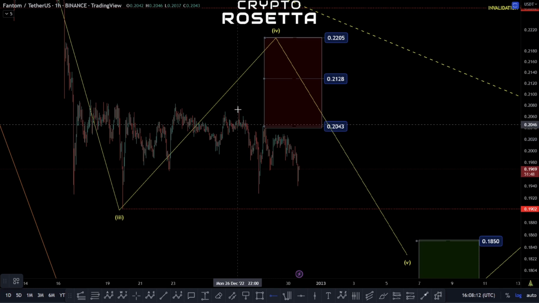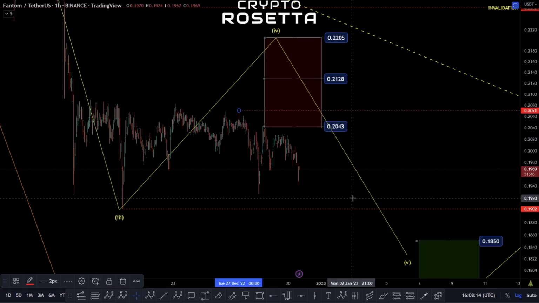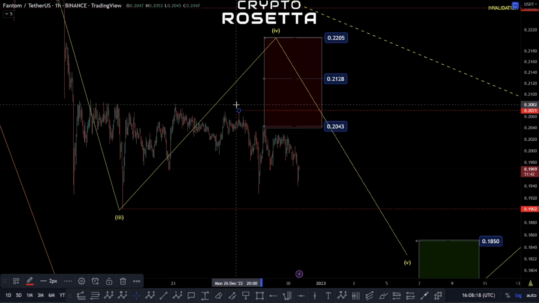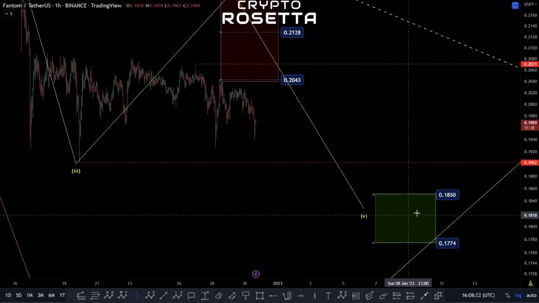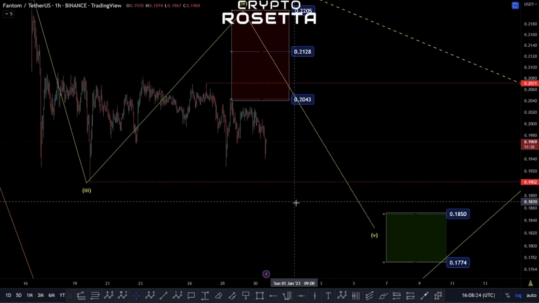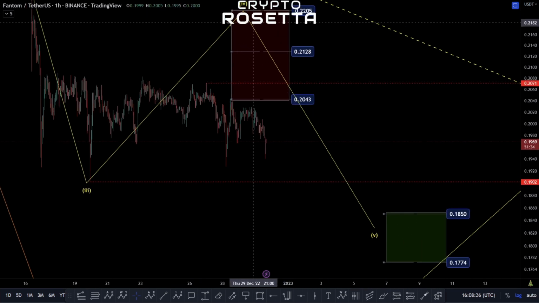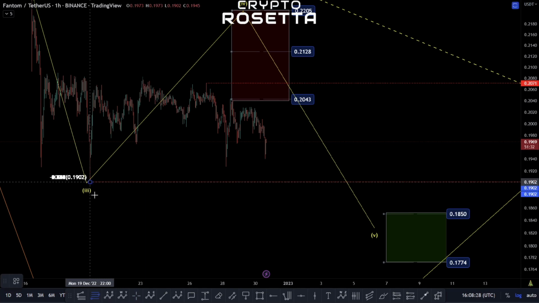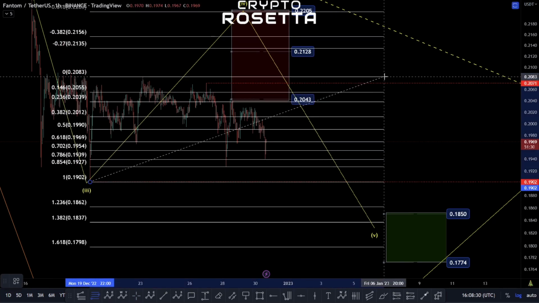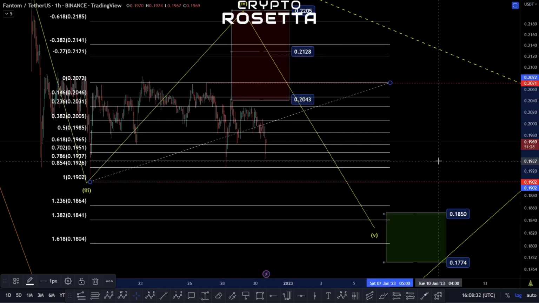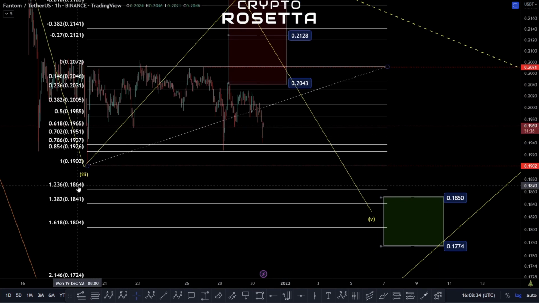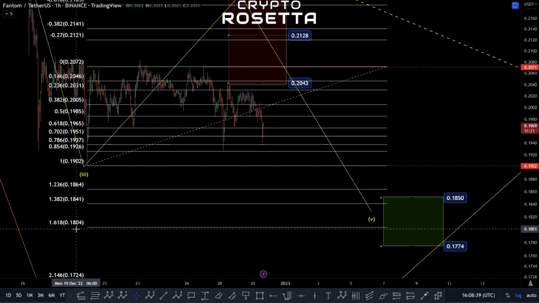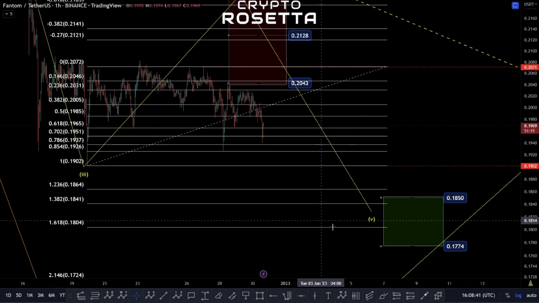Basically moving back above this point here at 2071 would actually invalidate the fact of us moving down directly, because our target area was towards this 1850 to this 1774. Obviously this depends slightly on how high we go here, and we can see that given the current, it would be a little bit lower if we do decide to just start to break down, and that would be that 1864 to that 1804, a typical 5th wave.